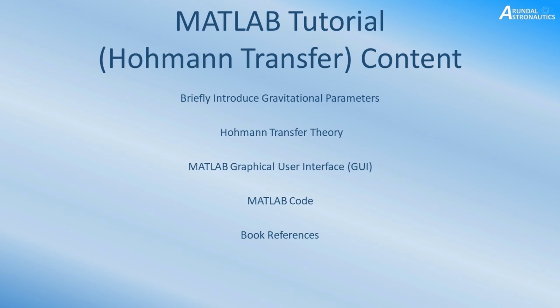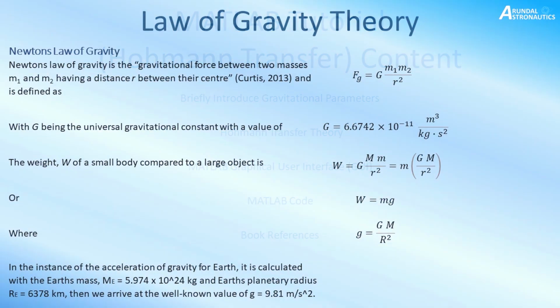And then we're going to top it off with some more formal book references so that you can have a look at the books yourselves and perhaps get a copy and other ideas for your own programs. So let's start off then with some background information with the law of gravity and the theory behind it.